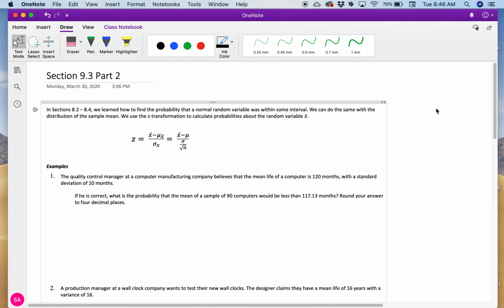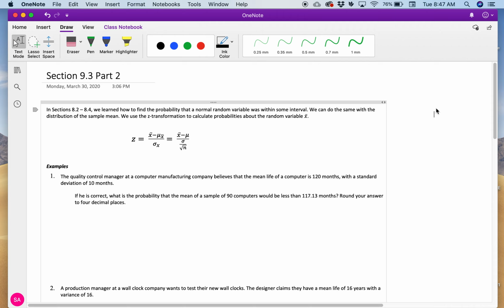Hey everybody, we are back to work on the example problems in the notes for section 9.3. If you remember from 8.2 to 8.4, everything that we did before the second exam, we talked about normal random variables and the z transformation, and we were finding the probability that a value is greater than or less than or maybe in between two numbers in some interval.